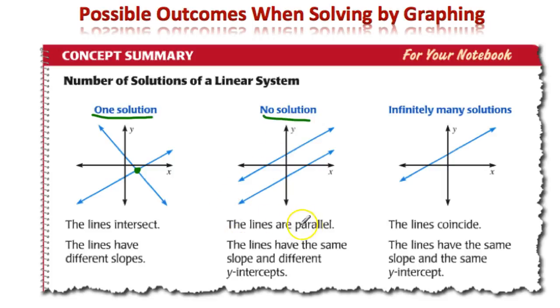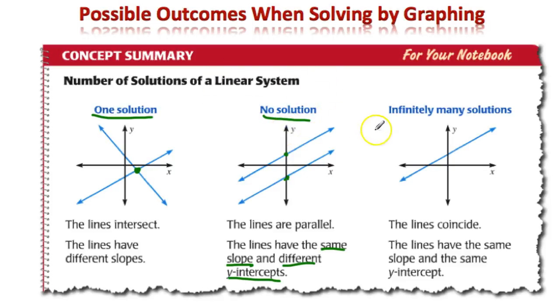The lines are parallel. They have the same slope, but the y-intercepts are different. So there's one up here, one down there. Different y-intercepts but same slope, and you will have no solution because they will never ever cross each other.